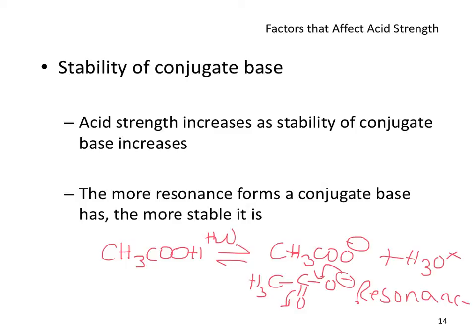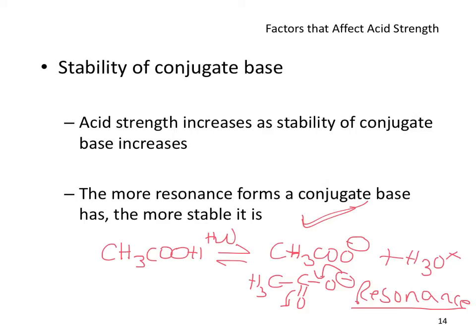And if there is resonance in the molecule, that means this is going to be very stable. So if acetate is stable, don't you think that acetic acid would rather donate that proton and achieve that stability, because what you've gotten is essentially something that contains resonance. So that's how you would be able to predict the acidity of a given acid.